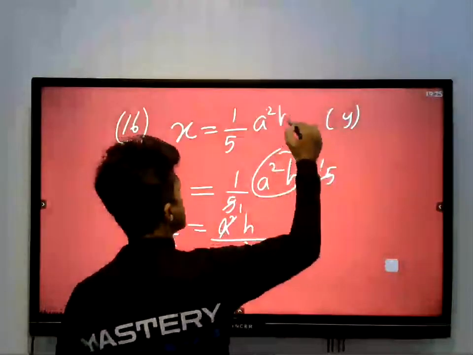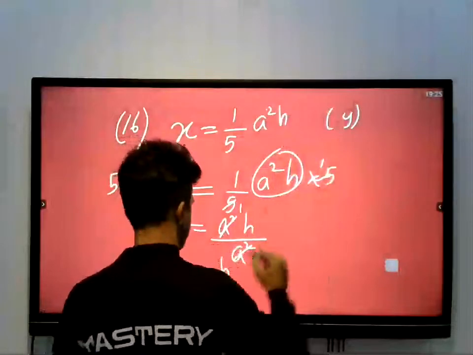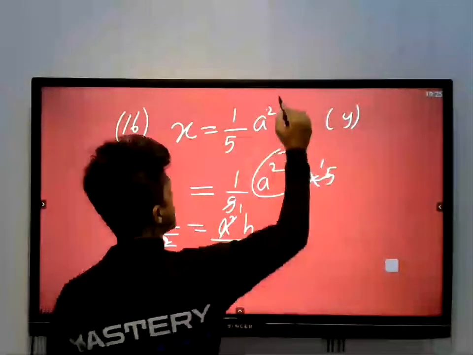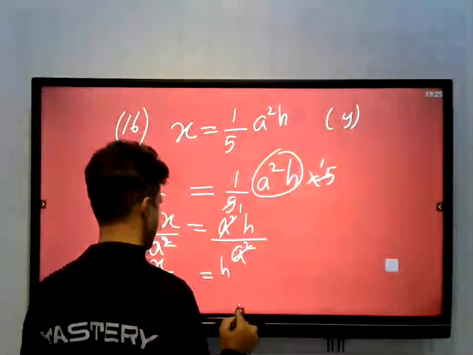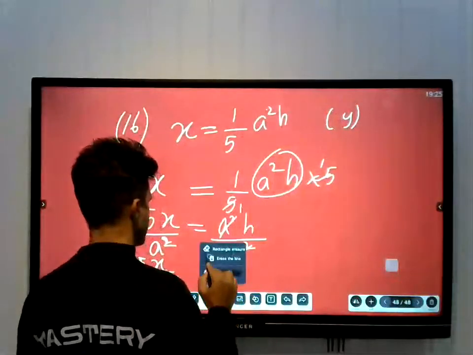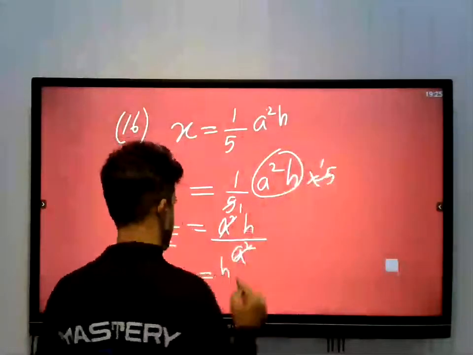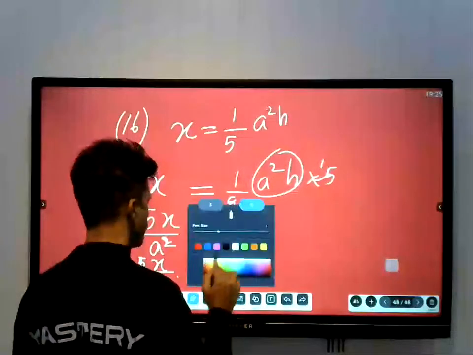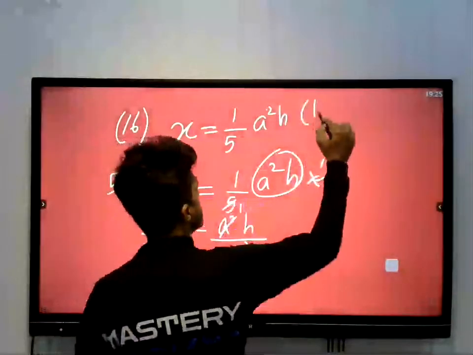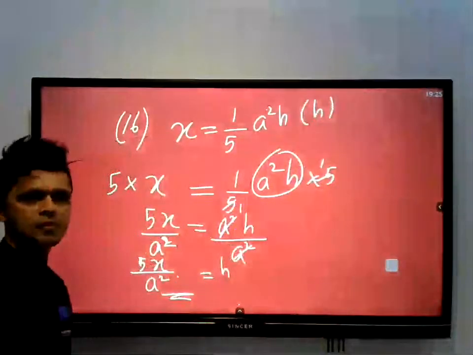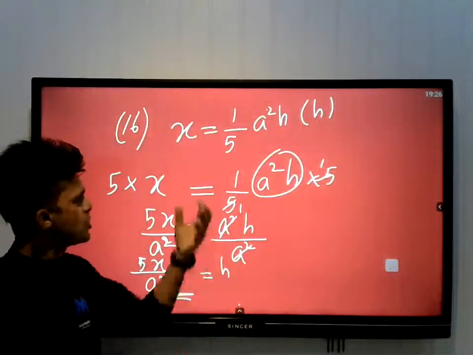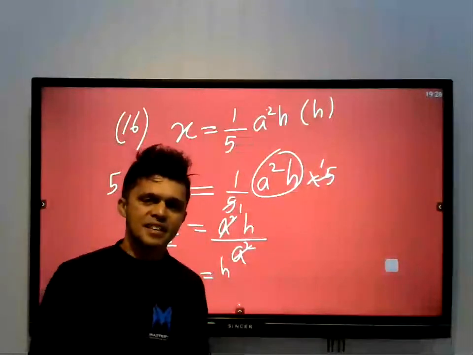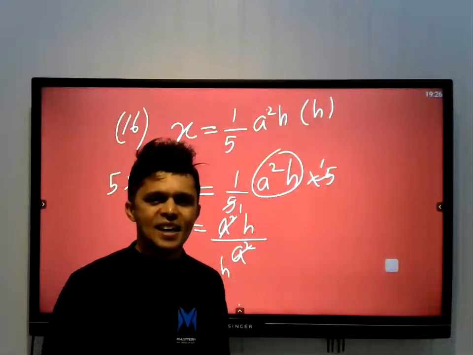Here h, here also h. So you have written the term h as the subject of this formula. So what we have to do is remove this digit first.